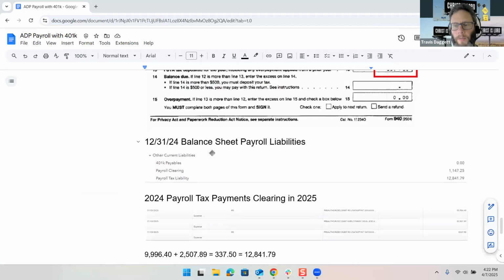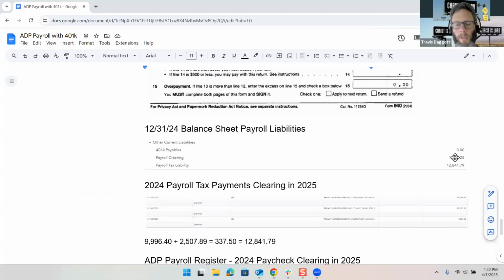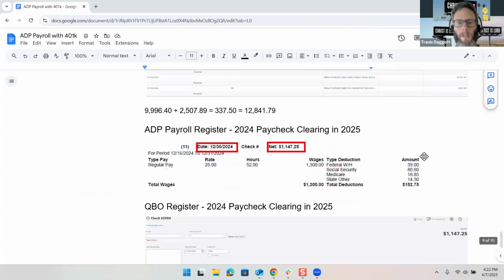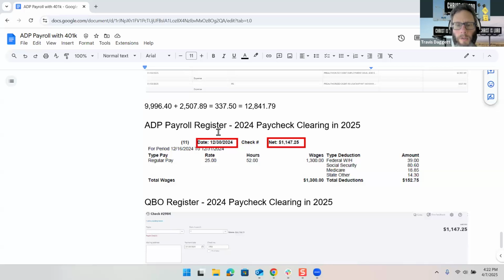One other thing to look at, we're using a clearing account. So we have 1147.25 left in that account. And if we look at the payroll register, we see a paycheck, 1230. There's the net pay.